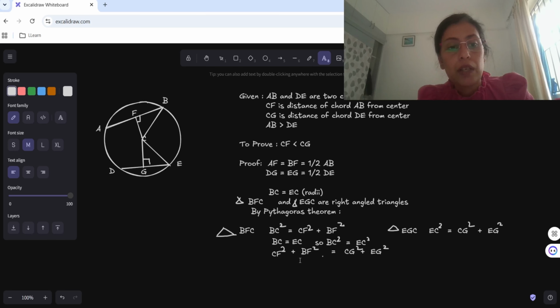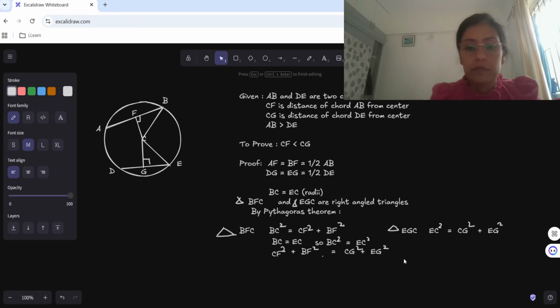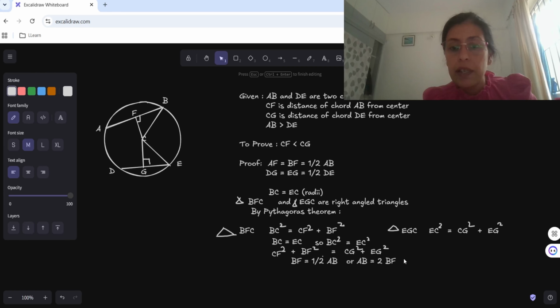Okay. Now we know that BF is equal to half of AB, or AB is equal to twice of BF. Similarly, we can say EG is equal to half of DE, or DE is equal to twice of EG, right?